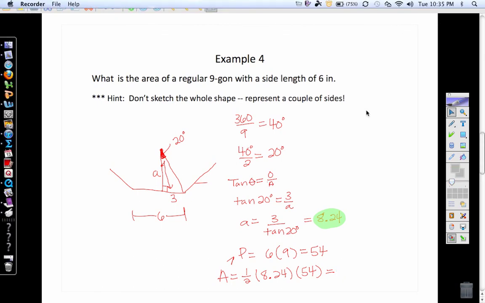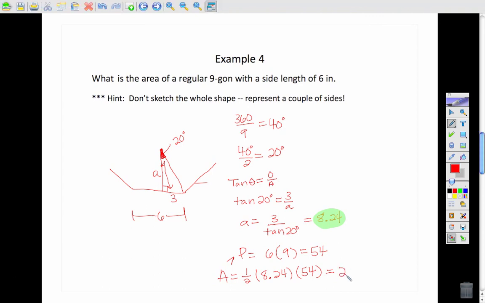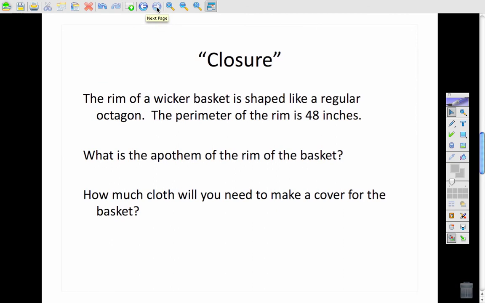Okay, when I multiply all of that out, I get approximately 222.5. Check the units again. We're in inches this time, so it is square inches. Alright, so last thing is, go ahead and give this problem a try on your own and bring the answer to class tomorrow.